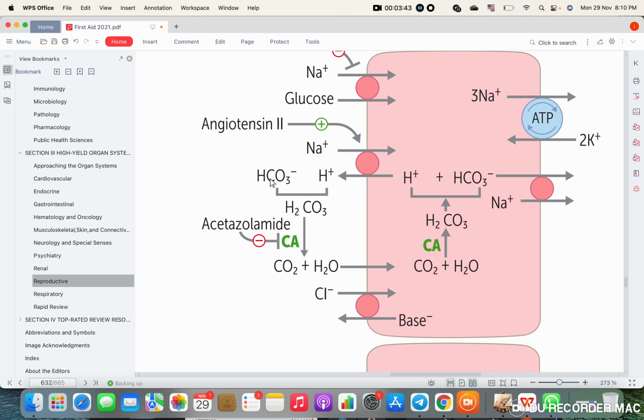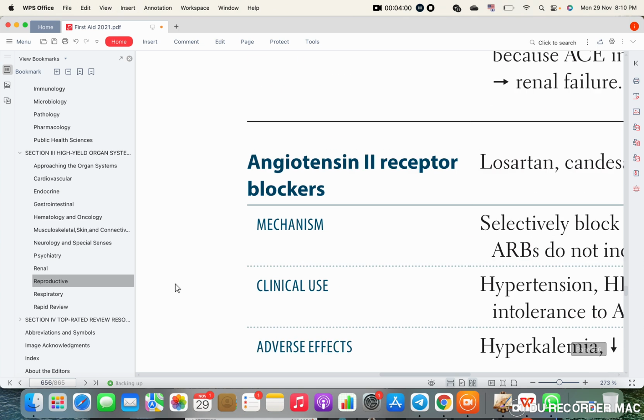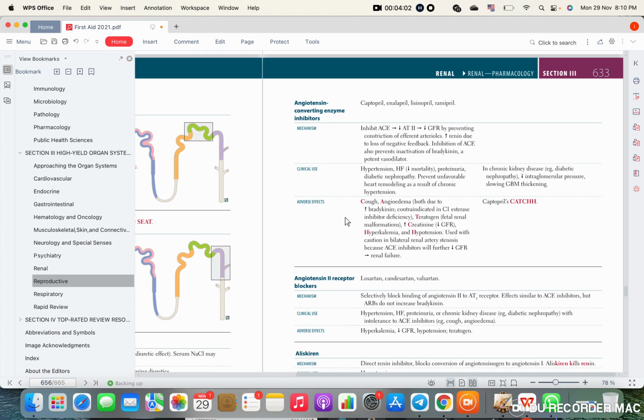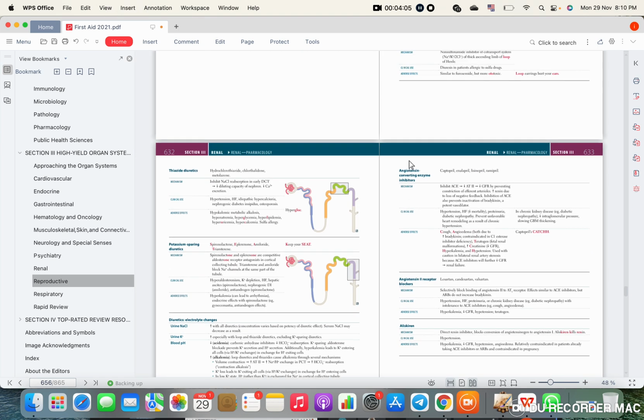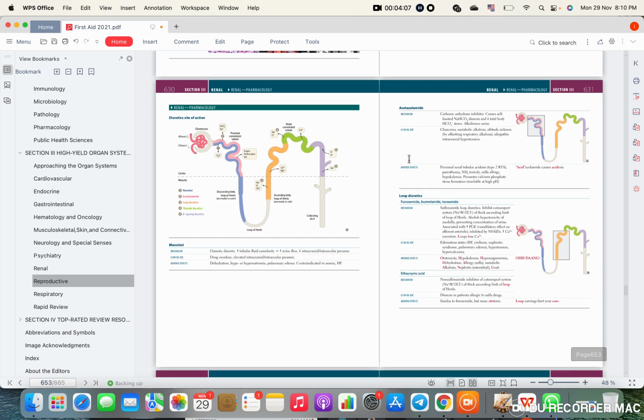So if you are losing a lot of bicarb, you are losing bicarbonate. Will you get acidosis or alkalosis? Acidosis. Okay. So the next thing is the carbonic anhydrase inhibitor, and they go something like this.